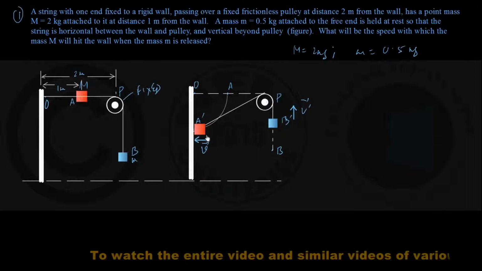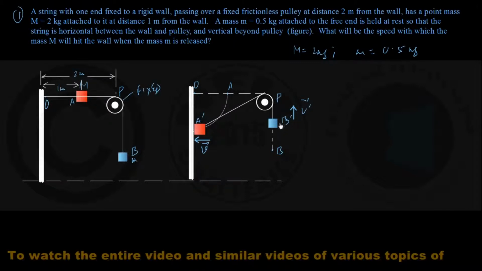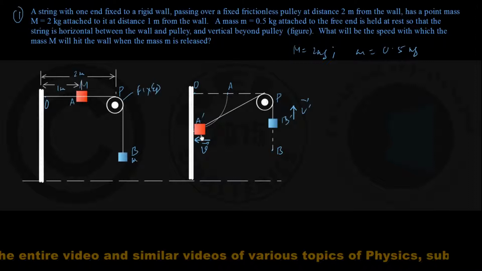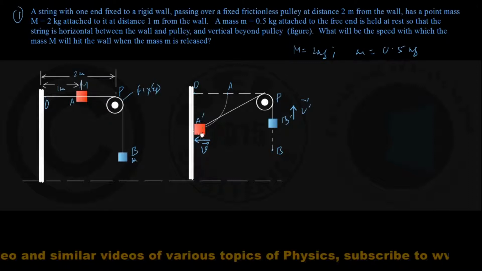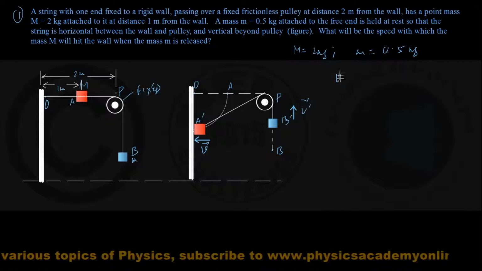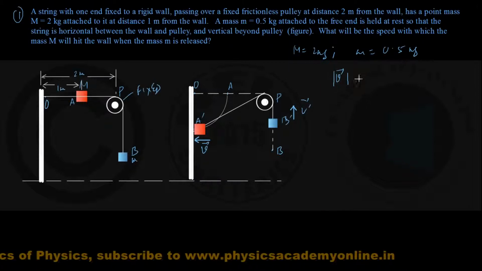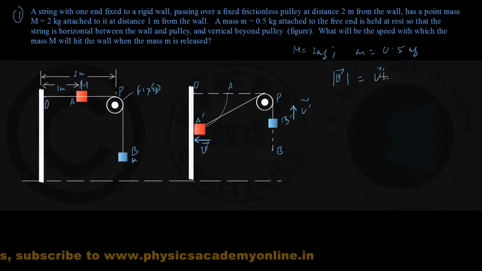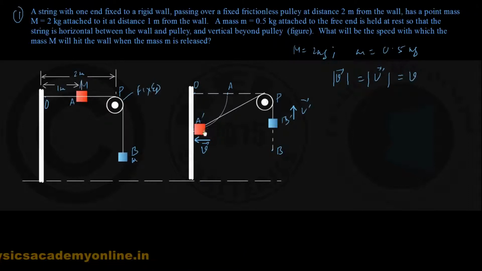Directions are different, but the linear speeds of both the blocks are the same at the instant the larger mass is hitting this wall. So I might write down here, to avoid any ambiguity, that the velocity vectors V and V dash have the same magnitude V at the instant of the larger mass striking the wall. This is the capital M, larger mass, and this is the smaller mass, small m.